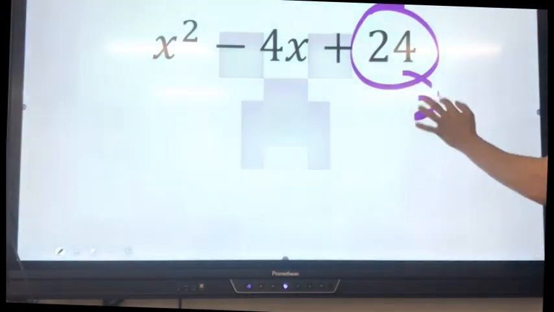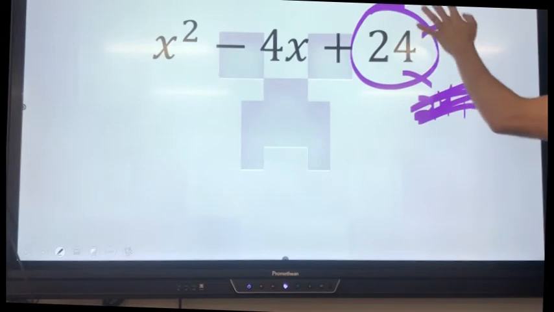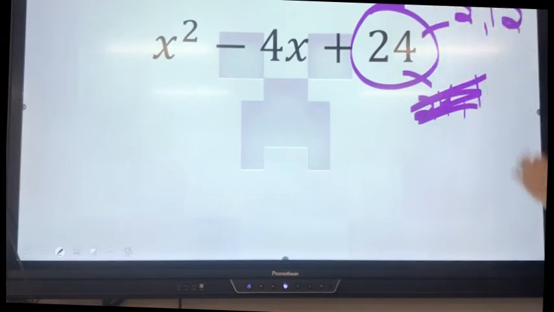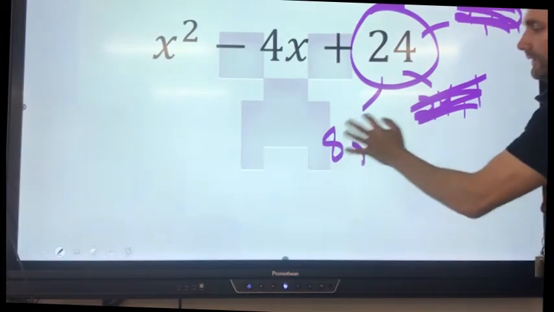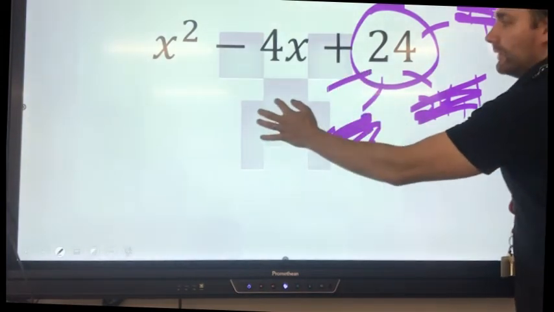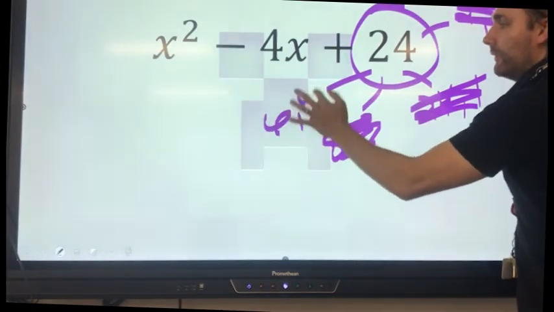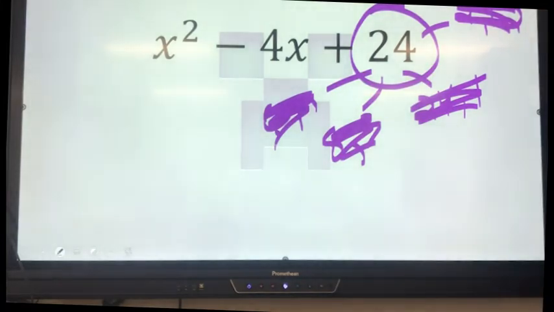24, let's go through the multiples. 24 and 1. I can't get a -4 out of that, can I? So let's see, 2 and 12. Can you get a -4 out of that? No. 8 and 3. Can you get a 4? Nope. What else was there? 6 and 4. Can you get a 4 out of 6 and 4? No. I think I've used up all my multiples.